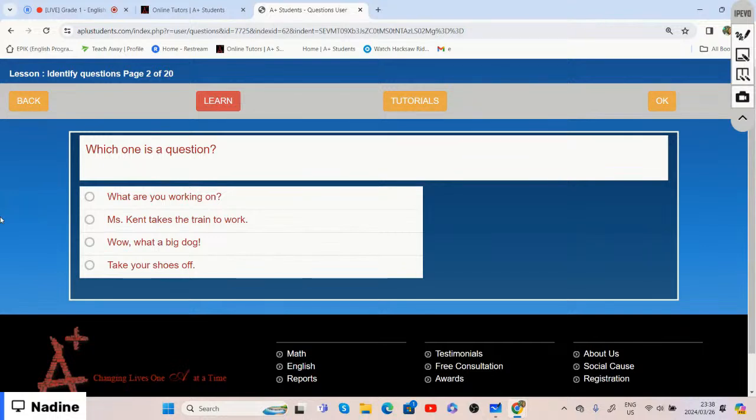So which one of these sentences is a question? The first one, what are you working on? The second one, Miss Kent takes the train to work. Wow, what a big dog. Or the last one that says, take your shoes off.